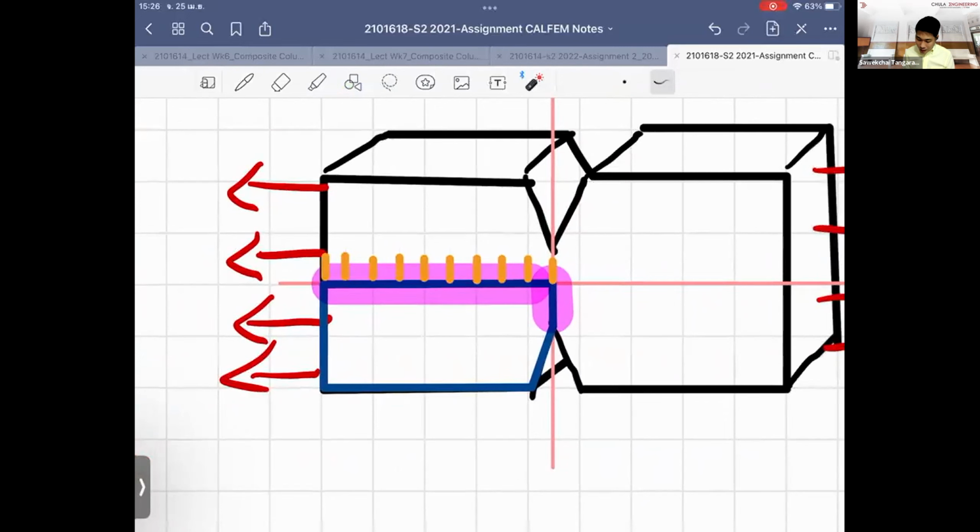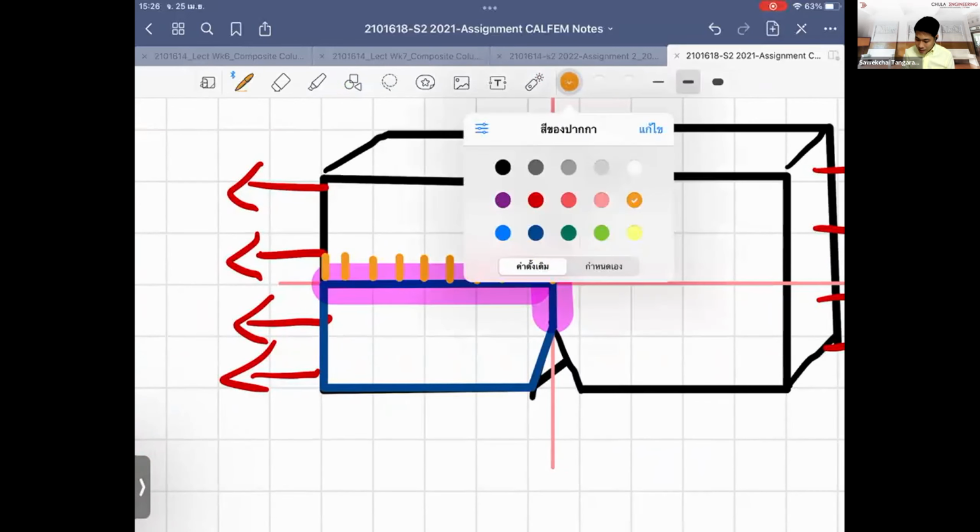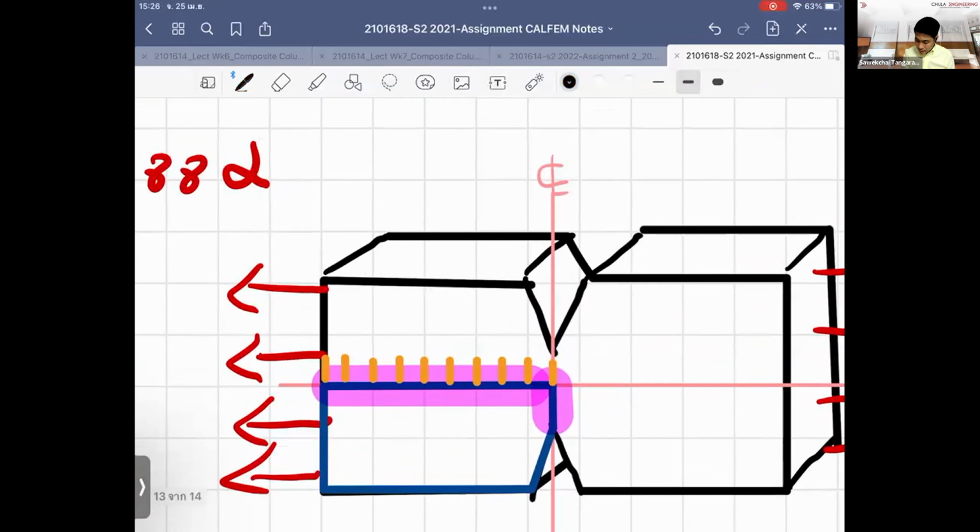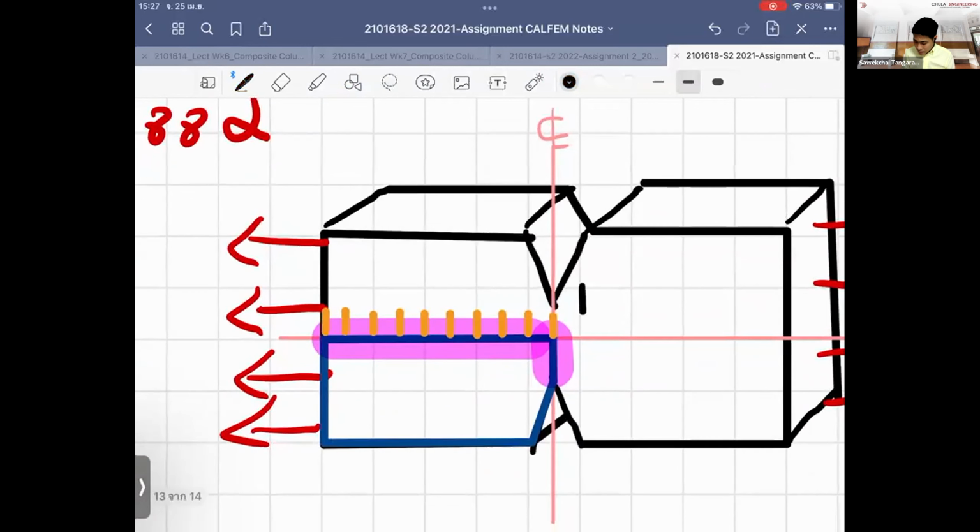If I say that this is the axes, I set them here: x, y, and z.